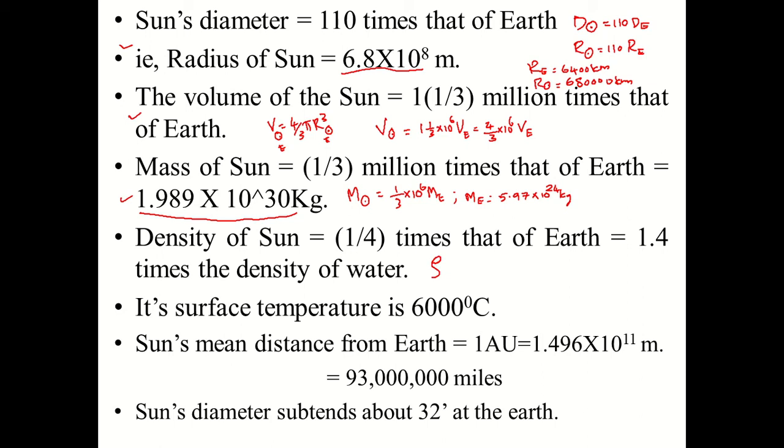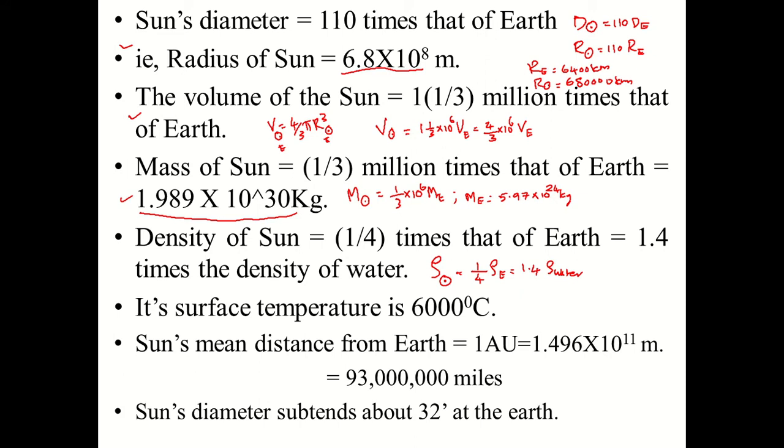So if you represent density by rho, then the density of the Sun is 1 by 4 times the density of Earth, which is equal to 1.4 times the density of water. So it is a little denser than water, but much less than Earth, only 25 percent of the density of Earth.